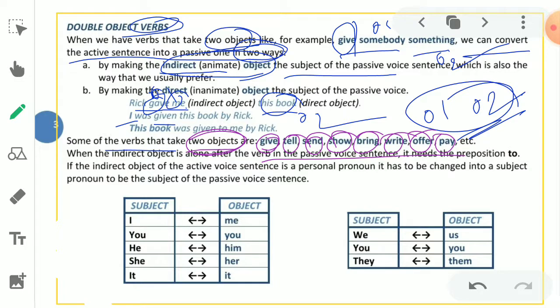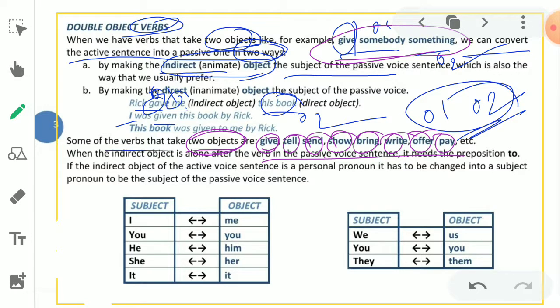Let me take these two. Give something, somebody, something. So give is used. Then tell somebody something, send somebody something. So in this way we can judge there are two objects used with these verbs.